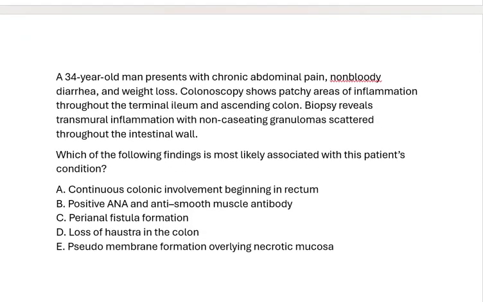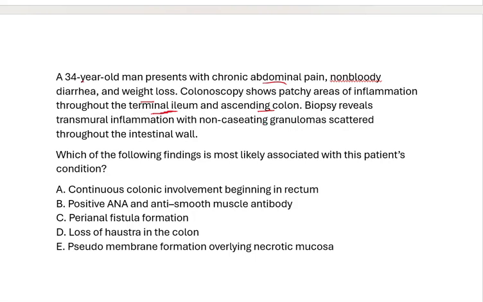A 34-year-old man presents with chronic abdominal pain, right? Non-bloody diarrhea and weight loss. So somebody is young, right? Abdominal pain, non-bloody diarrhea and weight loss, concerning. The colonoscopy shows patchy areas of inflammation throughout the terminal ileum and ascending colon. So it sounds like something that is jumping, skipping, right?